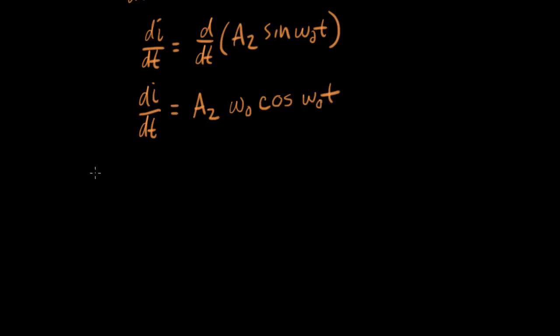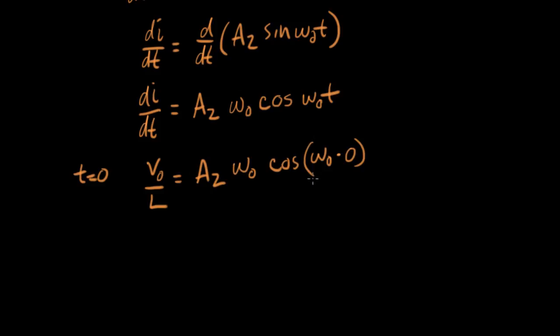And we apply our initial condition. Let's go to t equals 0. And we know that di dt was v naught over L, equals A2 omega naught cosine of omega naught times 0. And cosine of 0 goes to 1. And so we can solve for A2.